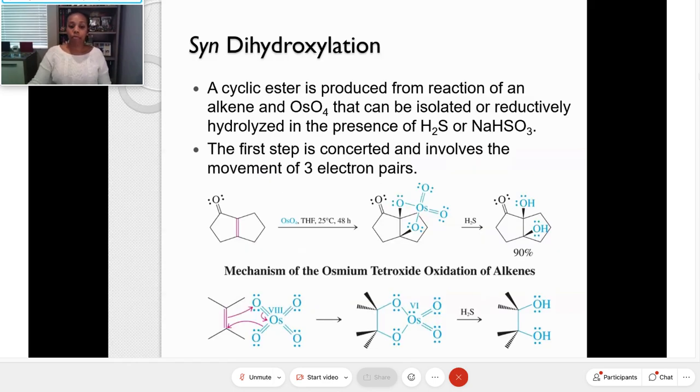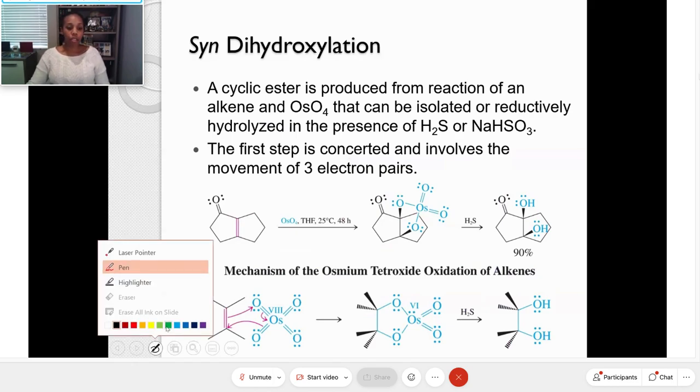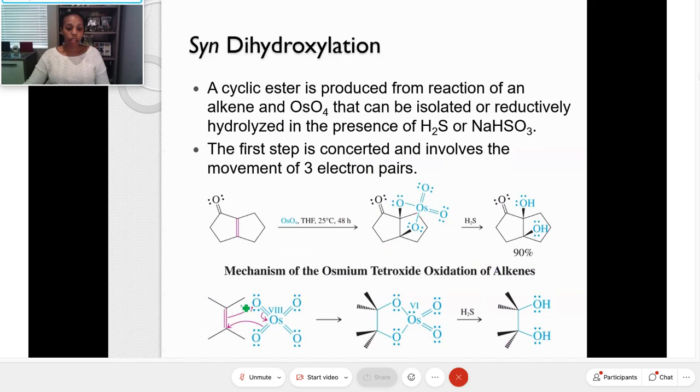So what is the mechanism for this reaction? Well, we have these three arrows here. Arrow 1, from the middle of the double bond to one of the oxygens of osmium tetroxide. Arrow number 2, that oxygen would have too many electrons on it, so it pushes electrons to osmium, which gives us this lone pair in the product.